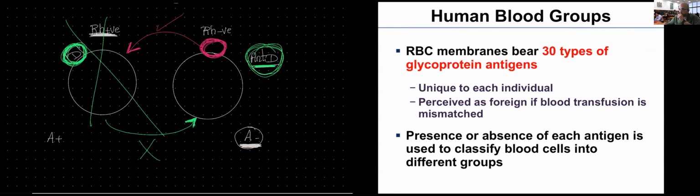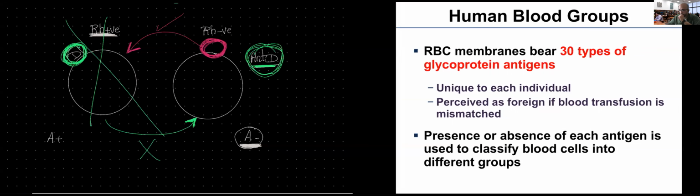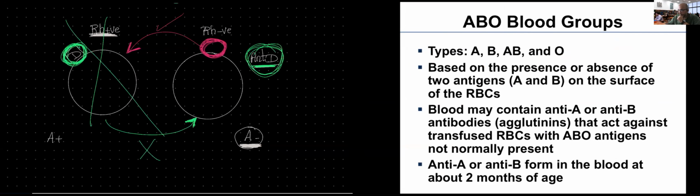But this doesn't apply for ABO blood groups, as ABO blood groups are going to result in the formation of antibodies at about the second month of age. By the second month of age, if you are blood group type A, you're going to develop anti-B.